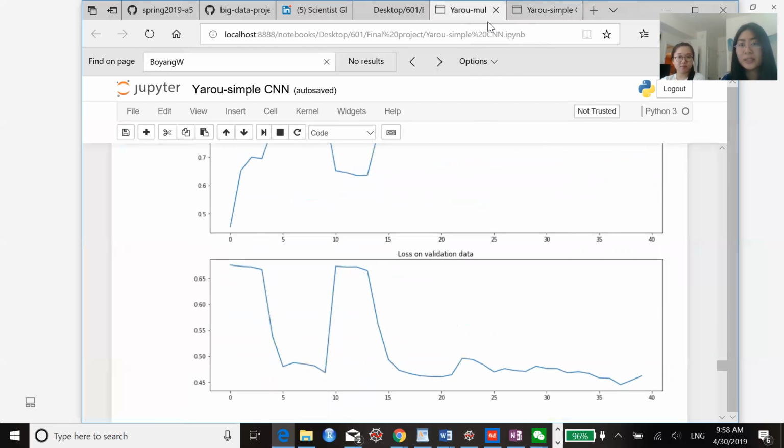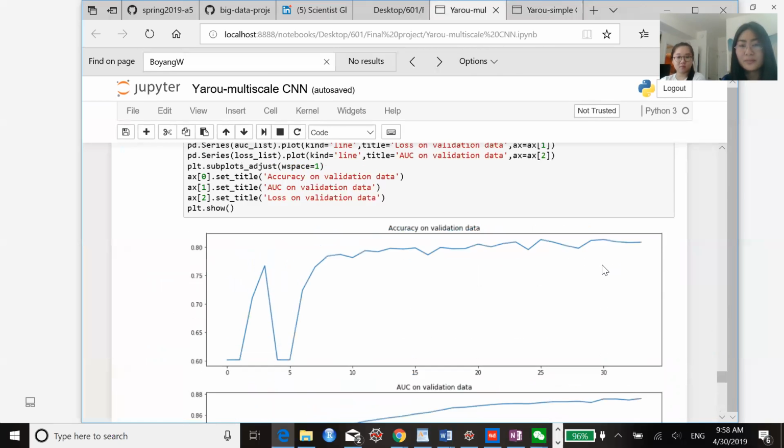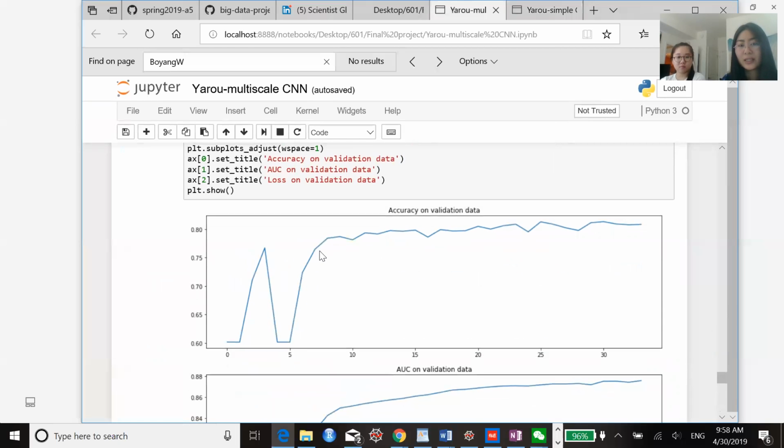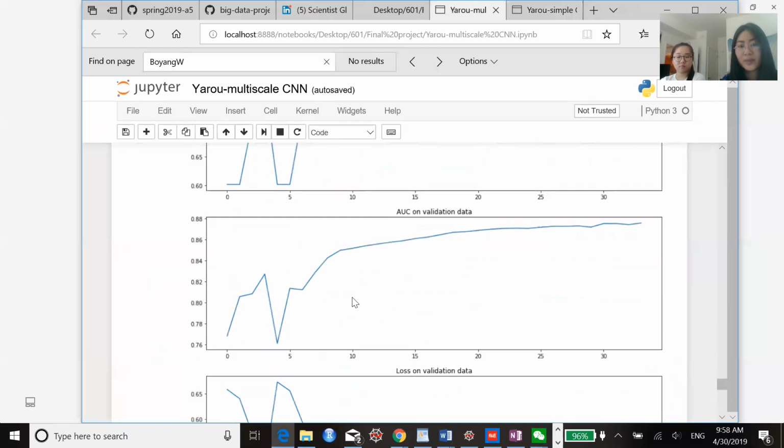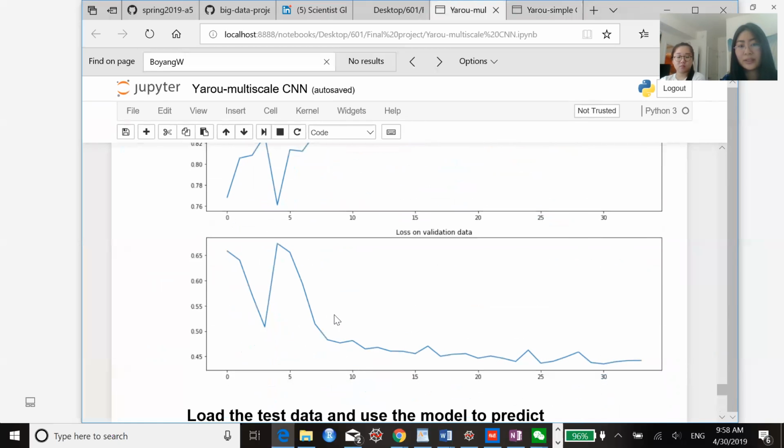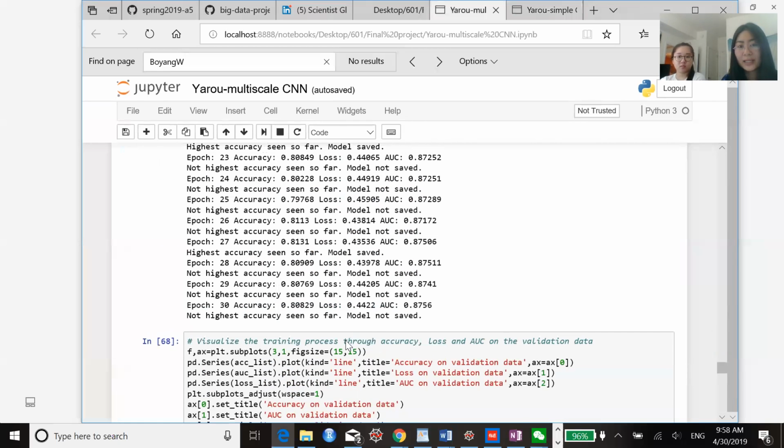As for the multi-scale CNN here, we can find out that it converges more quickly. It starts to converge at around epoch 8 or 9. And it also has a higher accuracy, around 80%.